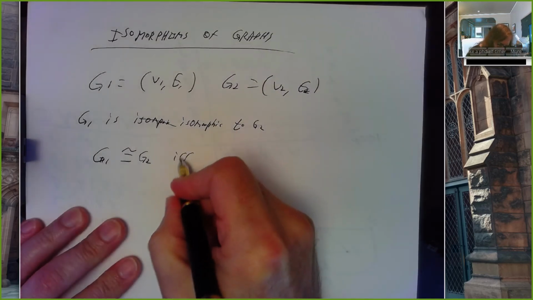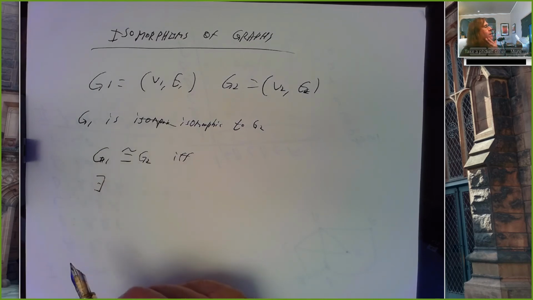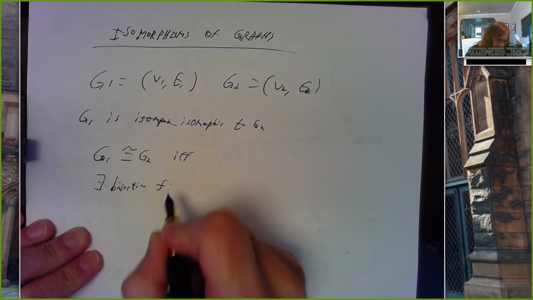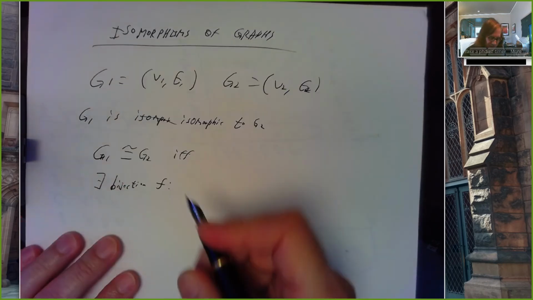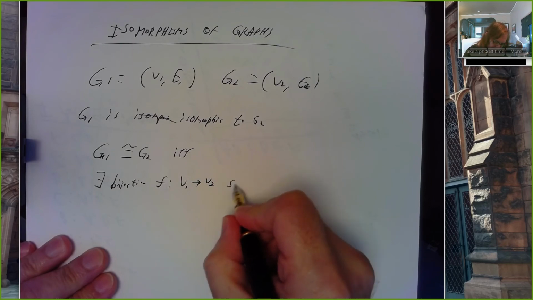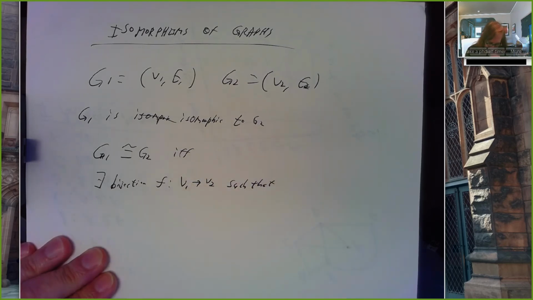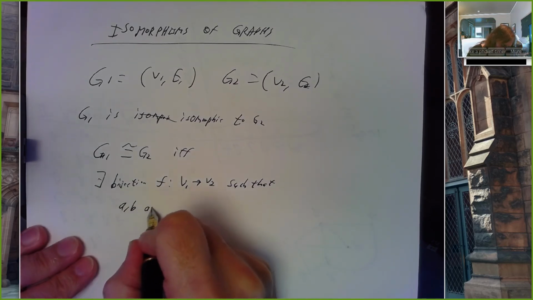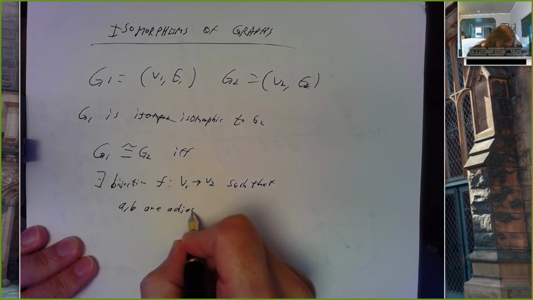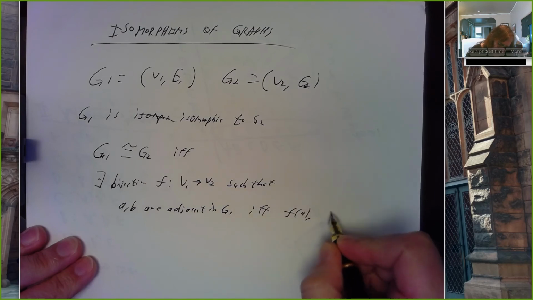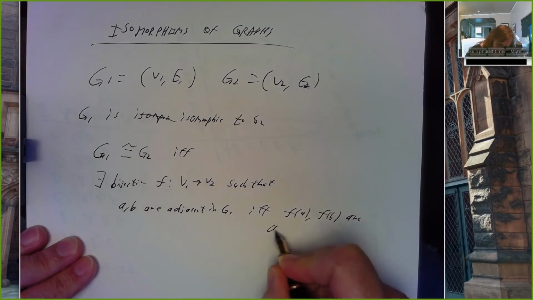Okay, this is if and only if there exists a bijection F which maps the vertices of the first graph to the vertices of the second graph such that A, B are adjacent in G1 if and only if F of A and F of B are adjacent in G2.